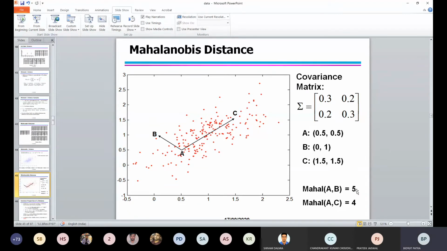Now if you compute the L1 distance, what value will you get between A and B? What will be the L1 distance from A and B?